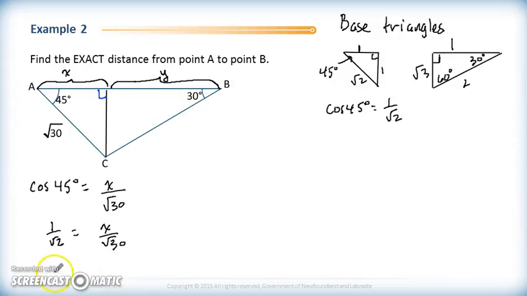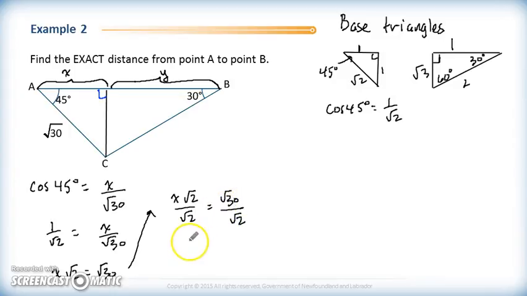So I've got x root 2 equals root 30 when I do a little bit of cross multiplication. And I've got to divide both sides by root 2 to get root 15 for the value of x. So we now know x is root 15.